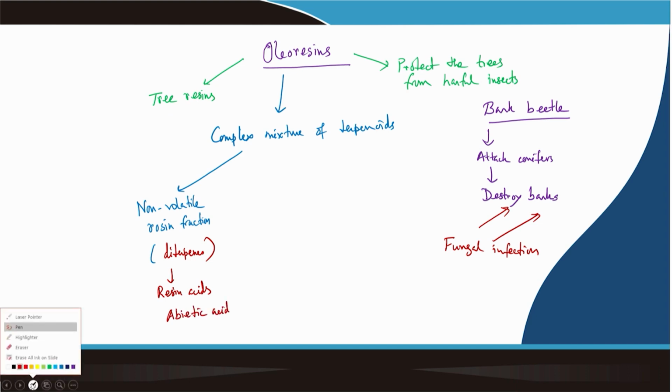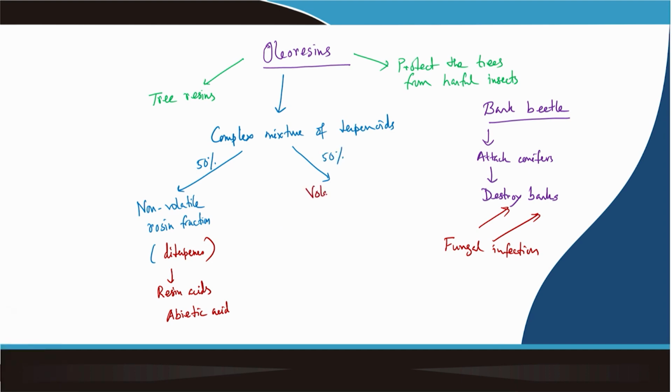That portion is 50%, and the remaining 50% is the volatile turpentine fraction, and actually the name terpenoids came from this turpentine.